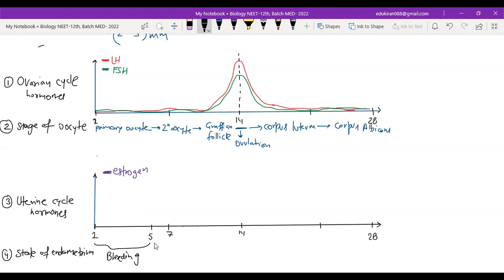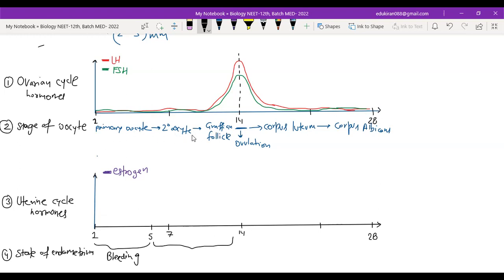Then from day 6 to 13, remember, just before ovulation, which one? Follicular phase. No follicle is involved in the uterus. Follicle is all there in the ovary. Follicle was this primary oocyte, secondary oocyte.